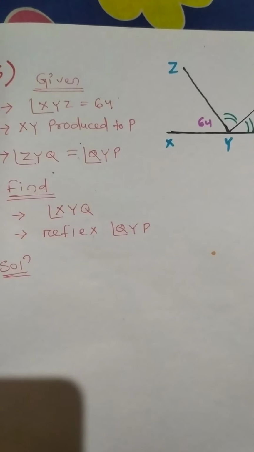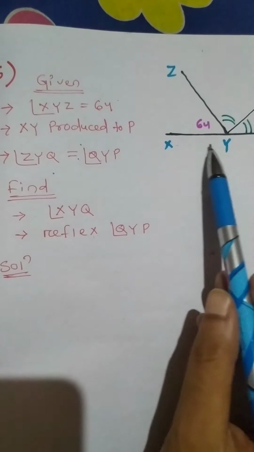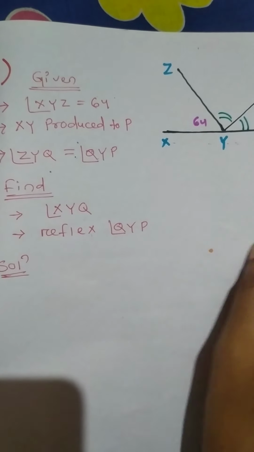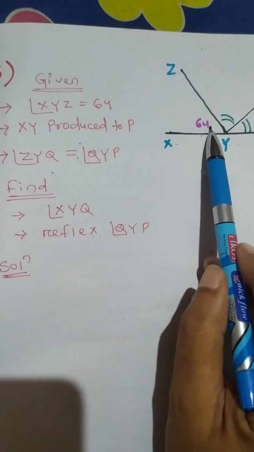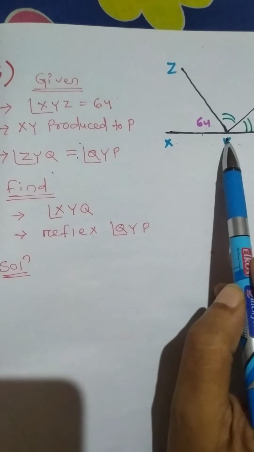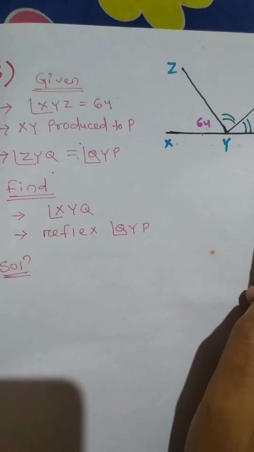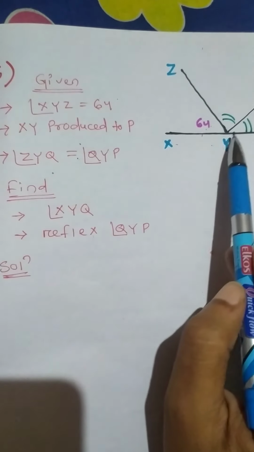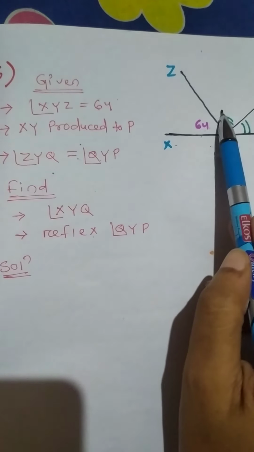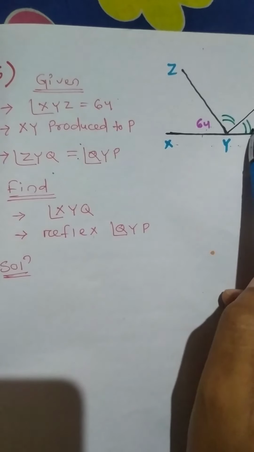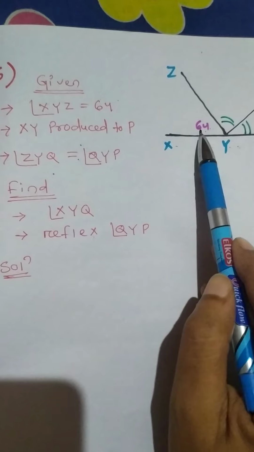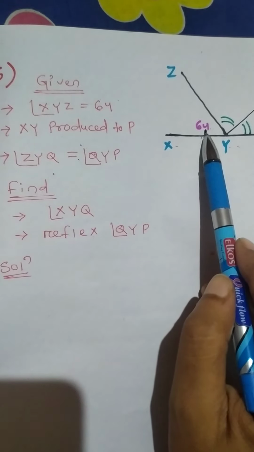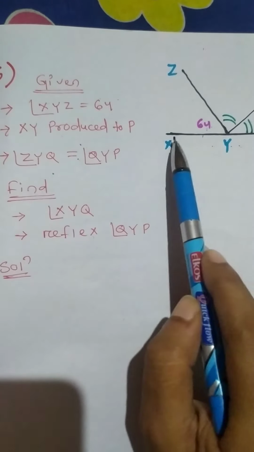Coming to question number 6, it is given that in this particular figure, this angle value is equals to 64 degree and this XY is produced up to a point P. ZYQ angle is equals to ZYP angle. These two angle values are equal. This angle value is given as 64. We need to find XYQ.